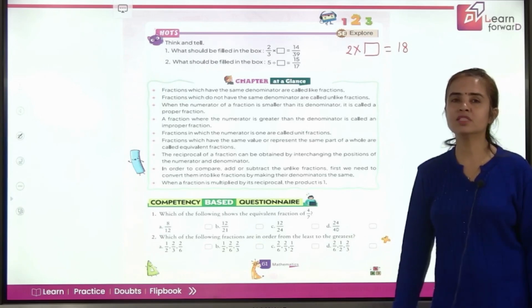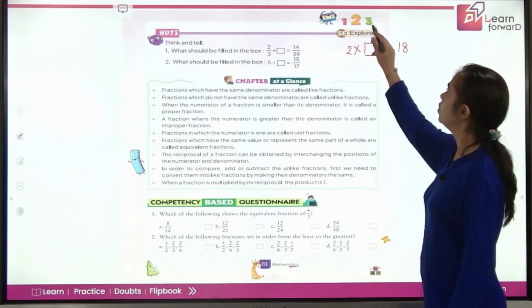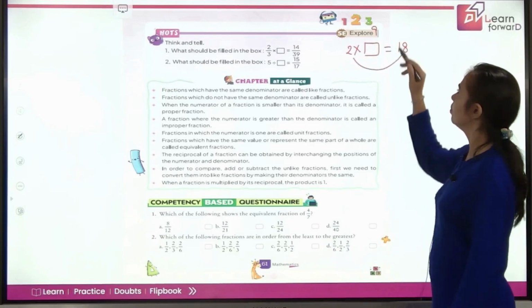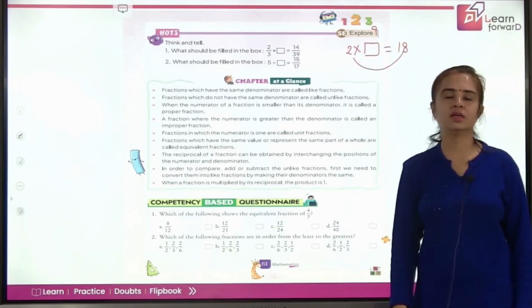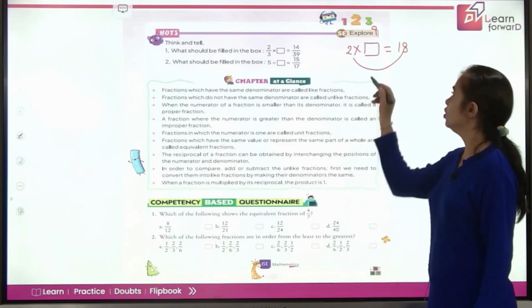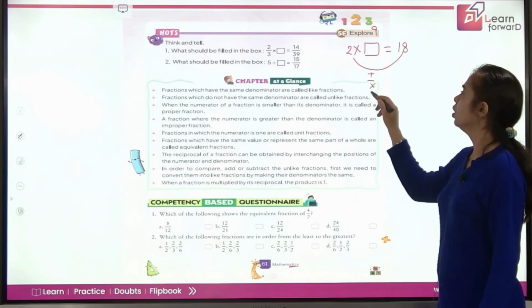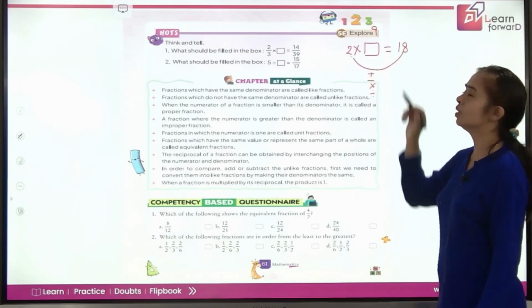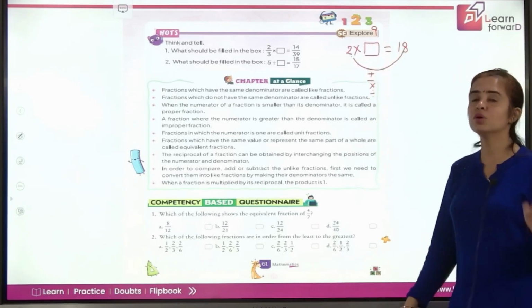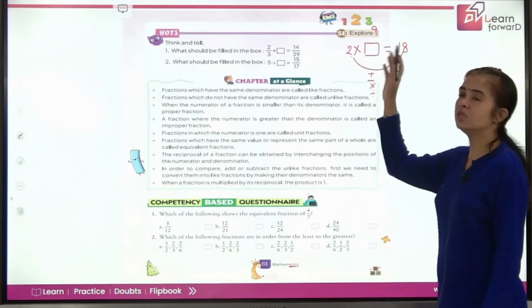Can you tell me what's the number here? 9, that's perfect. But you have only two numbers, 2 and 18. And you have 4 operations. Now think, will you be adding, subtracting, multiplying or dividing these two numbers to get the answer 9, because you are sure the answer is 9, but your numbers are only 2 and 18.